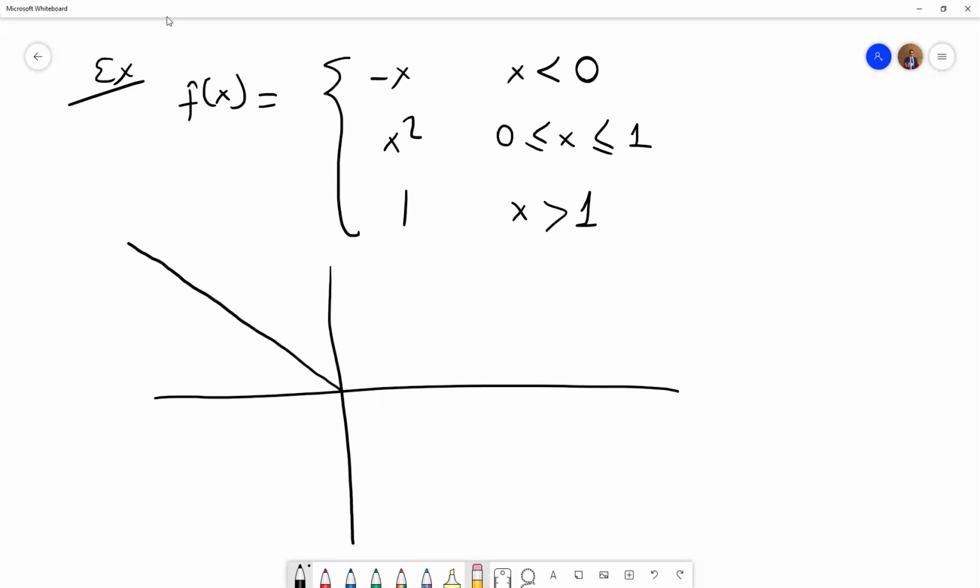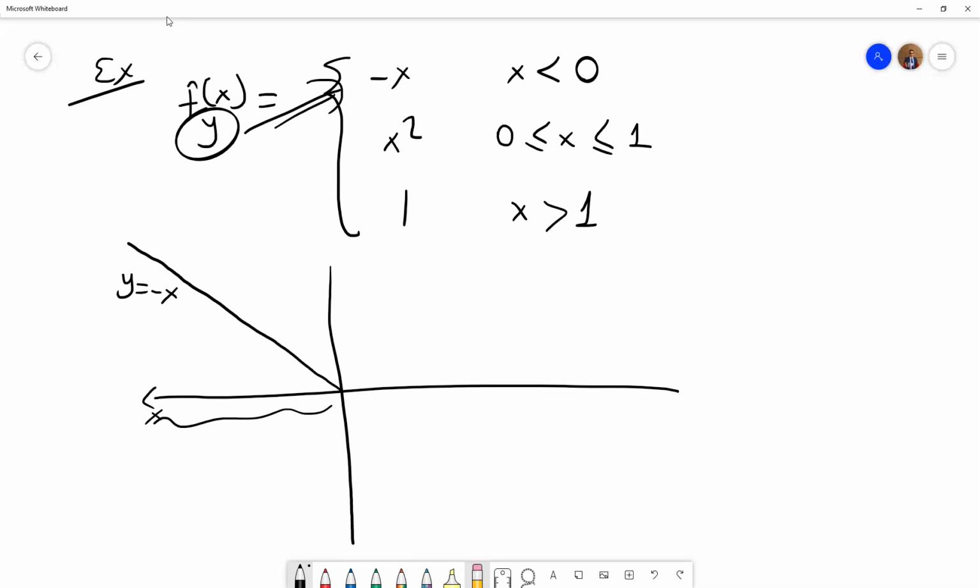You see, when x is negative, this is negative part. So when x is negative, it says y is equal to minus x. So here f(x) is y, so y is equal to minus x.